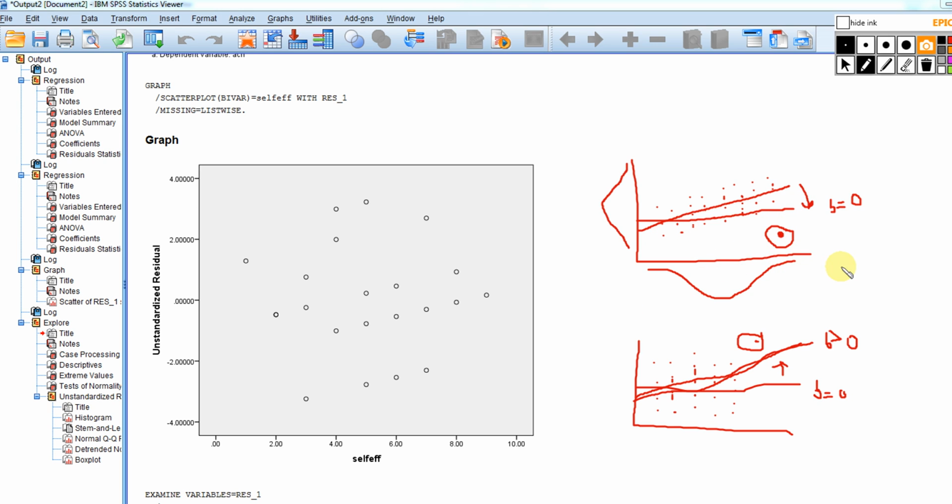Imagine I have a residual that's way up here. That seems to be clearly a departure from the pattern elsewhere in the data set, so that might be a candidate for being an outlying case.